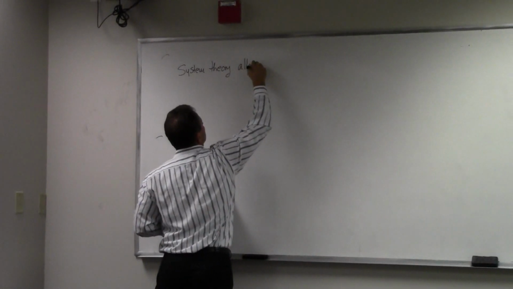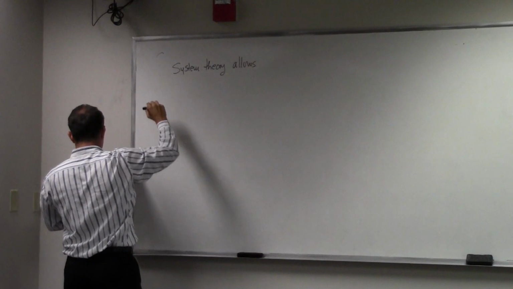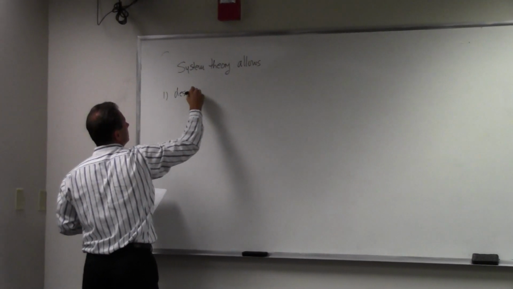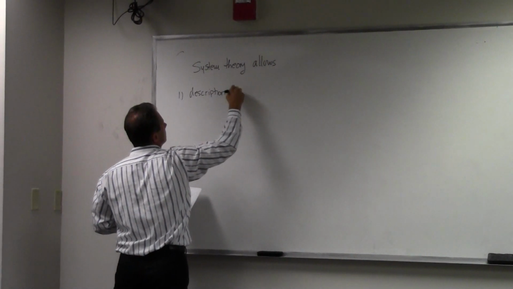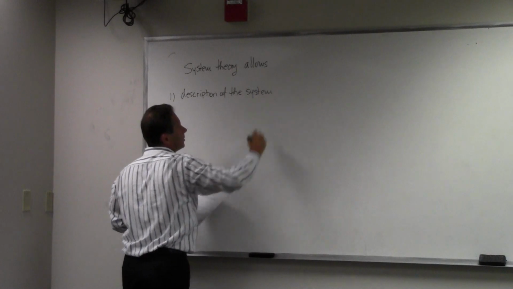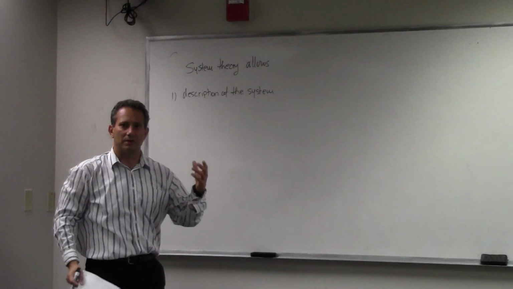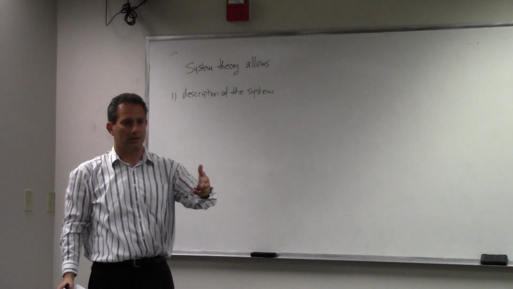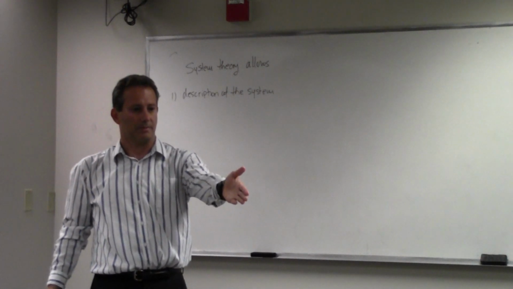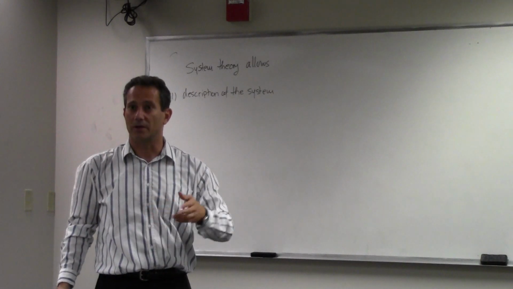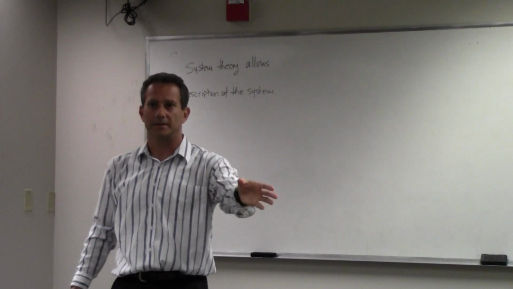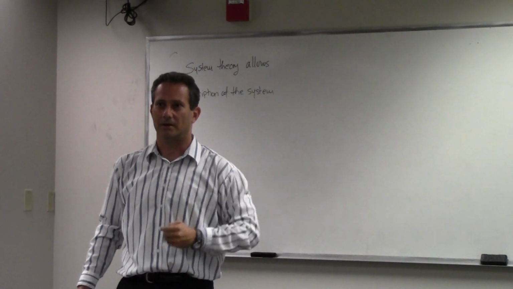First thing, description of the system. And again, we're looking at a particular description that's of interest to us. If you look at this white extension cord, and I treat that as a system, when I say description, I don't mean white, or half a pound.